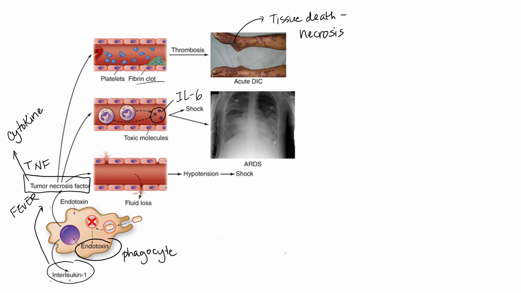And so we get lots and lots of pus forming in the lungs. And that leads to ARDS. And then, of course, vasodilation is going to cause fluid loss. This is going to cause what we call hypotension, which is the decrease in blood pressure. And then when that happens, there's not enough blood pumping throughout the body, and so the body goes into shock. And this leads to organ failure and then death. So very severe response to endotoxin.